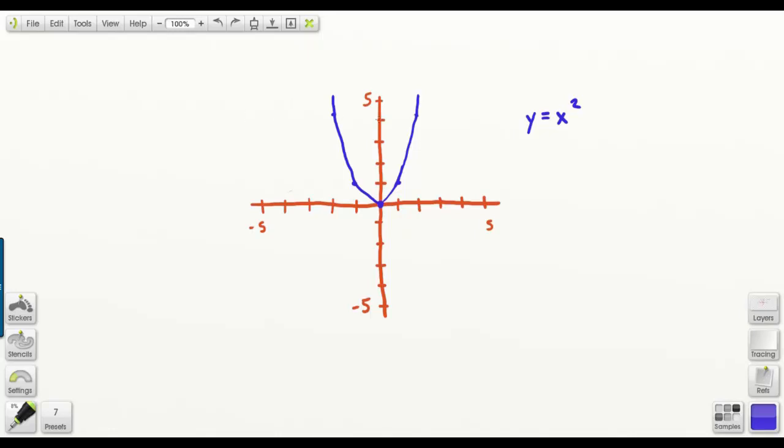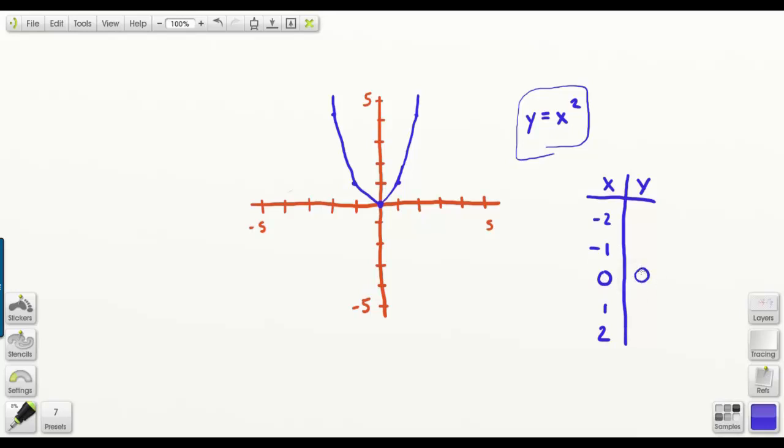Now, remember, as we talked about during the introduction, if I use a t-chart with x and y, and we look at just the integers from -2 to 2, if we plug those values in, let's start with 0 into our equation, we plug in 0, 0 squared equals 0. So if x is 0, y is 0.